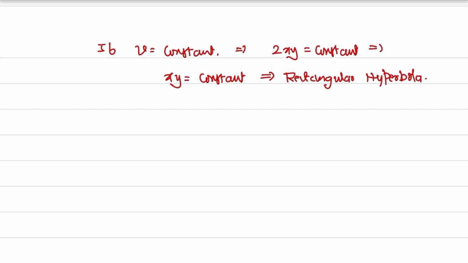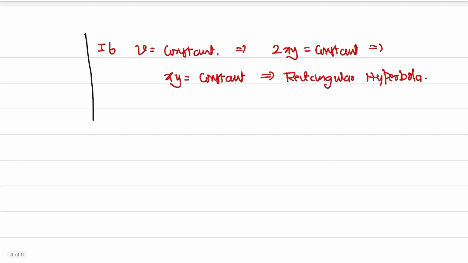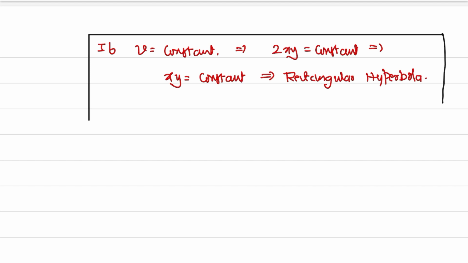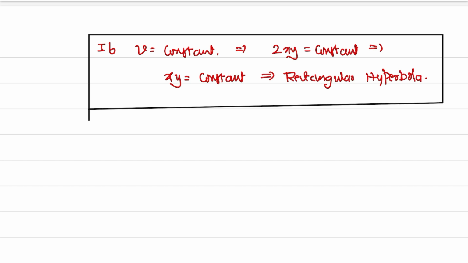That means in both the cases, when transformation from z to w takes place, that transformation represents a rectangular hyperbola for w is equal to z square. I will draw the diagram, you will understand.